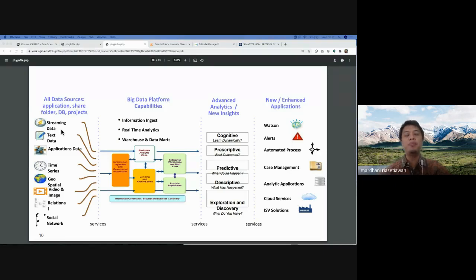So actually, with a sensor, we collect data that is triggered by the event. So our concern is the event. Let's say we place a temperature sensor in the room, so we want to control and know how the temperature of the room is.